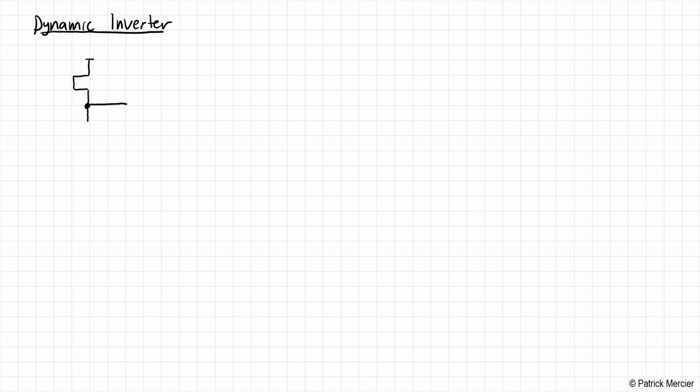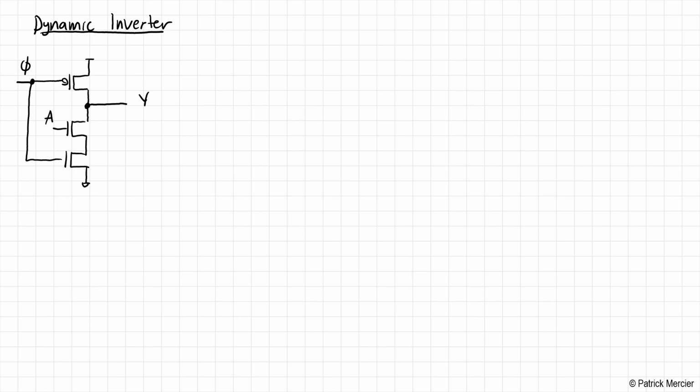This creates our output Y. And then on the bottom, we have two NMOS transistors. One is the input, and the other is connected to this clock signal that we are still calling phi. Okay, so this is what a dynamic inverter looks like.